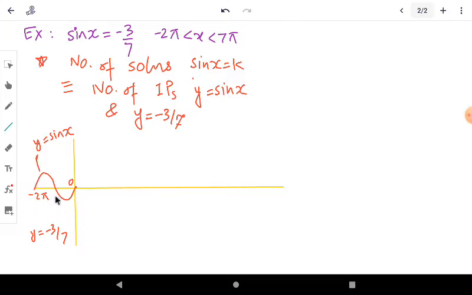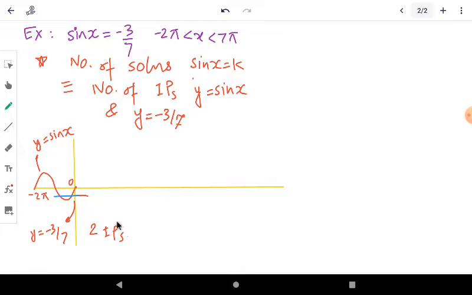So this is the line minus 3 by 7. It is cutting this at how many points? It is intersecting this line, which I call y equals minus 3 by 7, and I can extend it more. In minus 2 pi to 0, it is giving 2 intersection points.